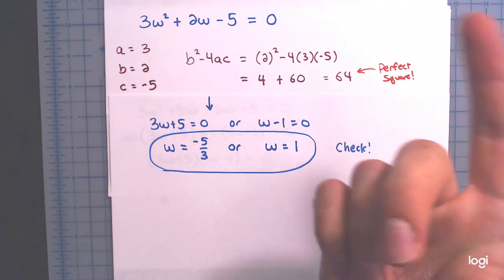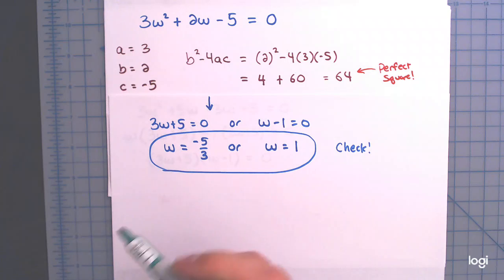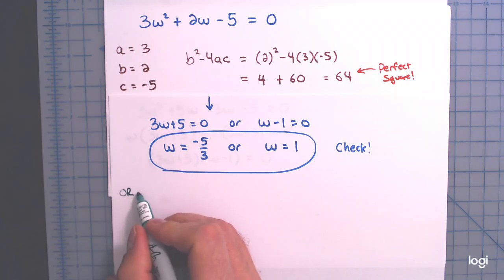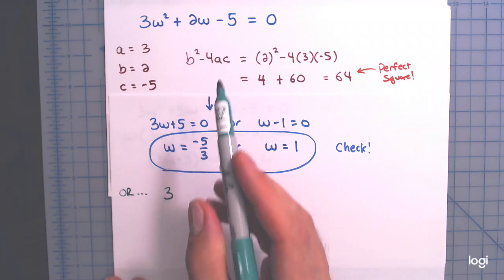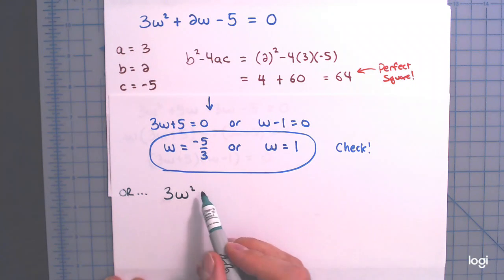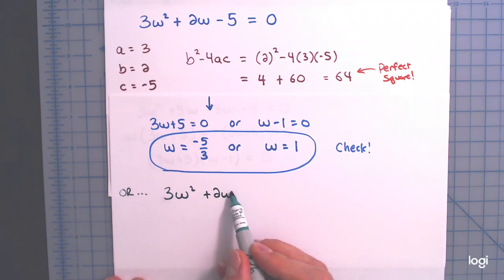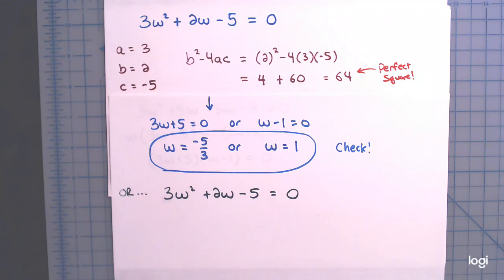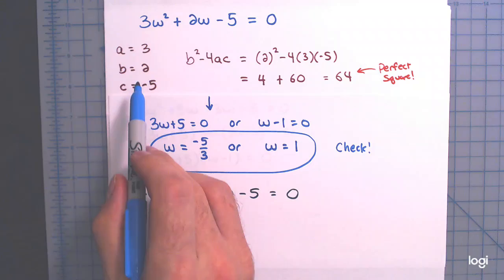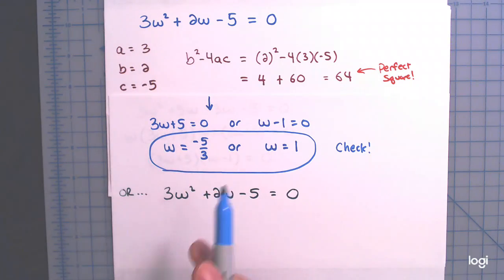So let's just put this into the quadratic formula. Okay, so right, I could have done this. If I didn't see how to factor this, we have 3w squared plus 2w. I have it in the standard form, everything on one side, 0 on the other. And I identified the coefficients, right? A was 3, B was 2, C was negative 5.